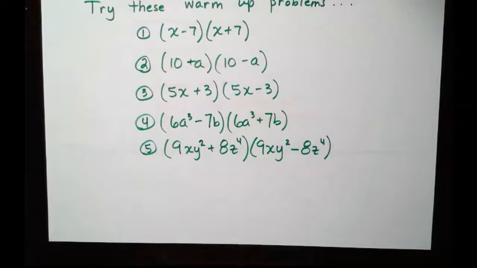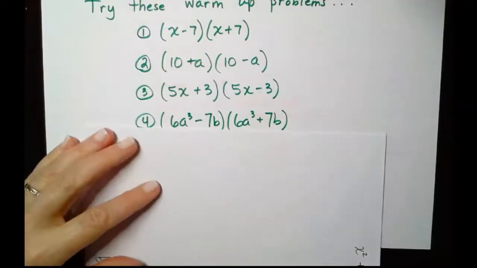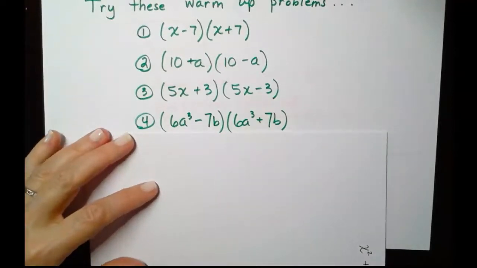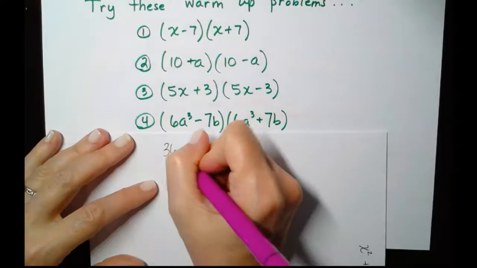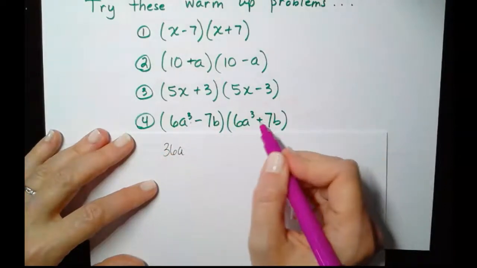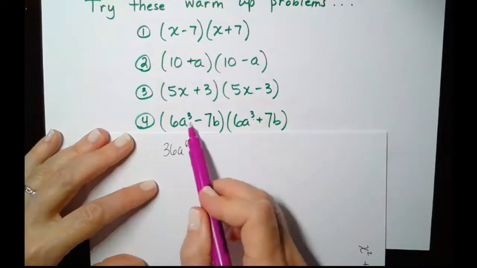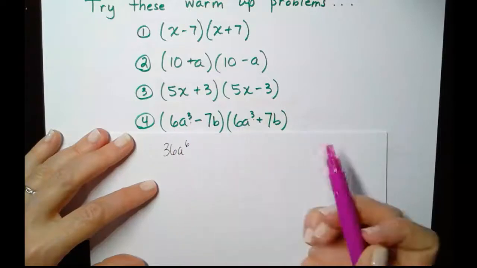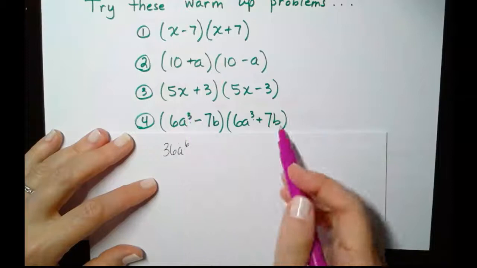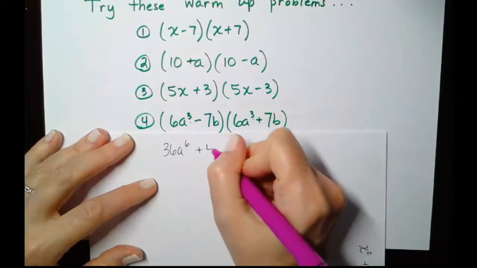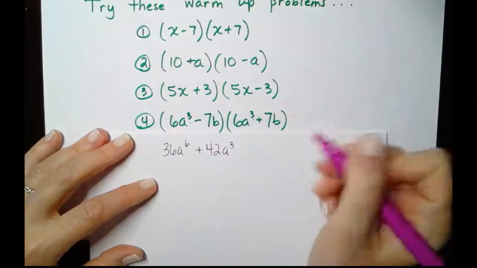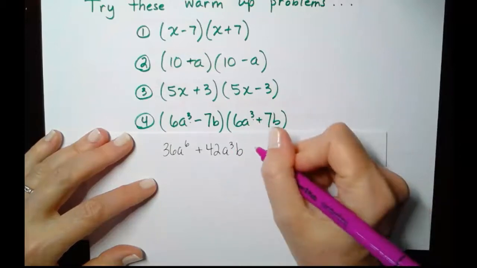Number 4, remember our properties of exponents here. 6a to the third minus 7b times 6a to the third plus 7b. First, remember to add those exponents. 6 times 6 is 36, a to the third times a to the third is a to the sixth. Outsides, plus 42 a to the third b.